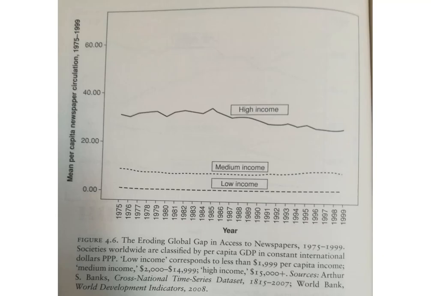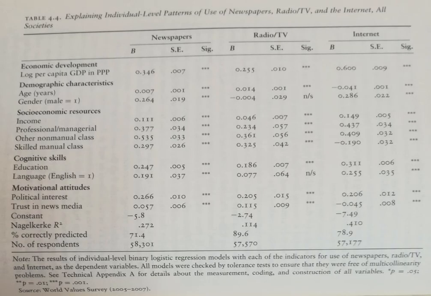While in medium income countries it stayed relatively stagnant. The next thing we should discuss is this figure. So from the World Value Survey, the individual level patterns of use of newspapers, radio and internet in all societies.